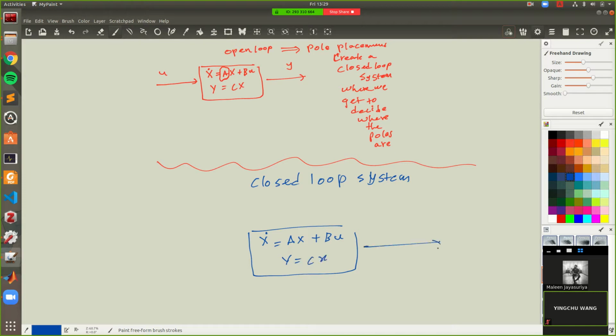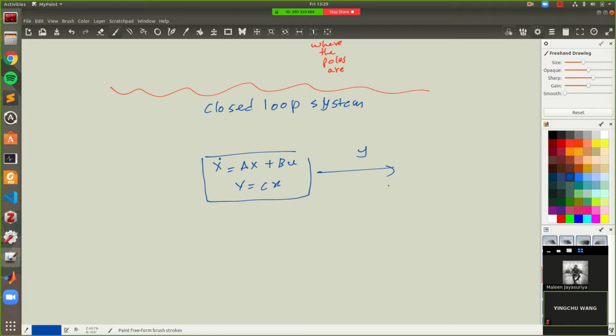So what we do to exert a sense of control over the system, for example, if we want to make it stable or make it oscillate, even if we want to make it unstable for some reason, is we take its state, right? And we multiply it by this K matrix, and we change the input as well.